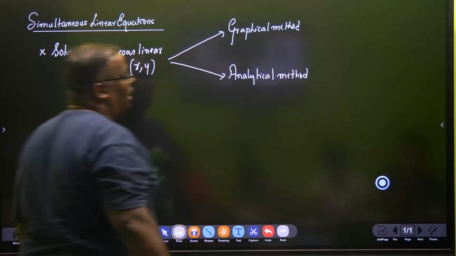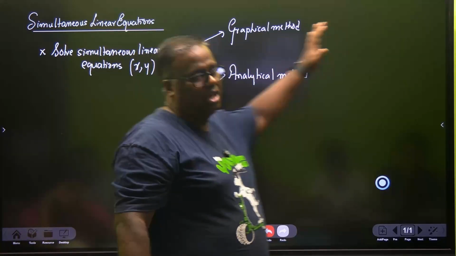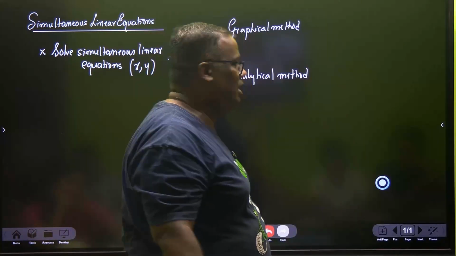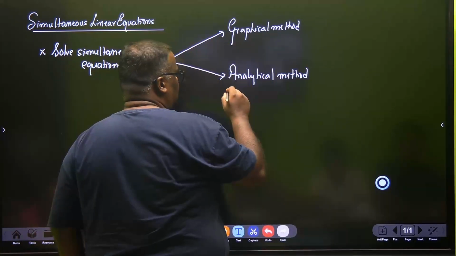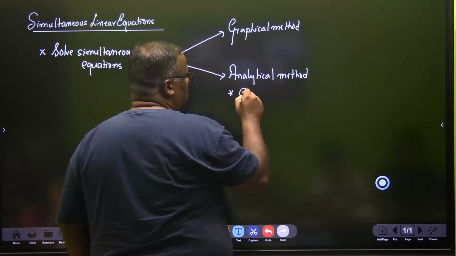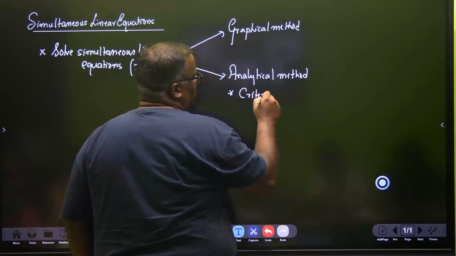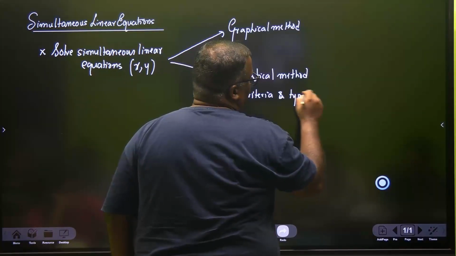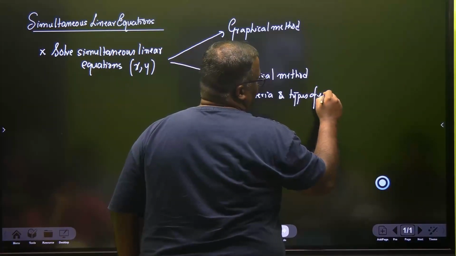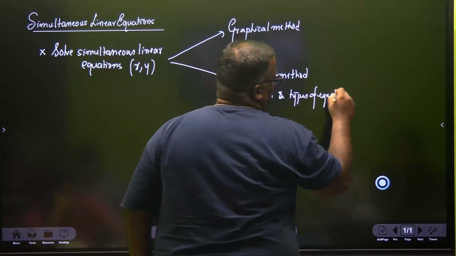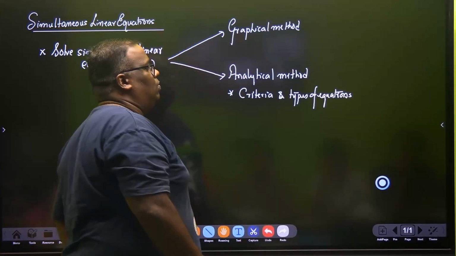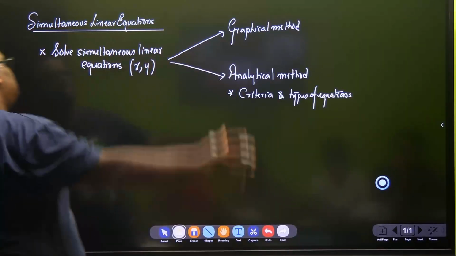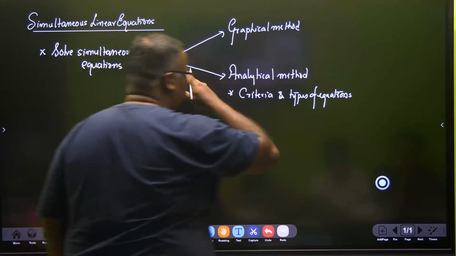Right? Graphical method obviously will be a graphical exercise. We will do that also today, nothing to worry. And in analytical method, we would first be learning about some criteria and types of equation. Types of equation means within simultaneous linear equations, we will see types of equation.